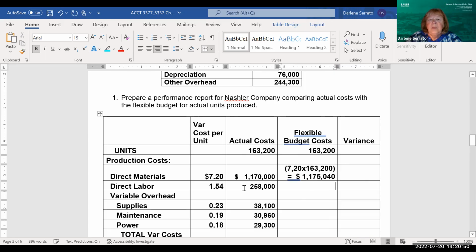Okay. The 1.54 times the 163,200 will give me 251,328.